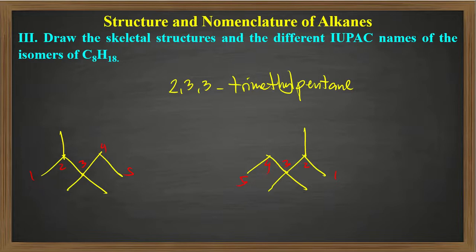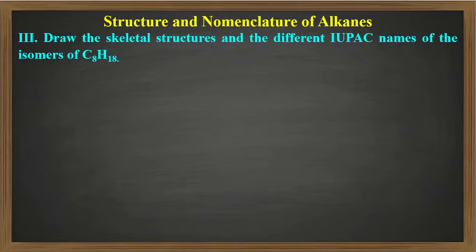And then the last isomer for C8H18 is yung 2, 3, 4 natin. We can move one of the methyl in carbon number 3 to 4. So we have here 2, 3, 4 trimethyl pentane. Okay? So methyl, methyl, methyl.